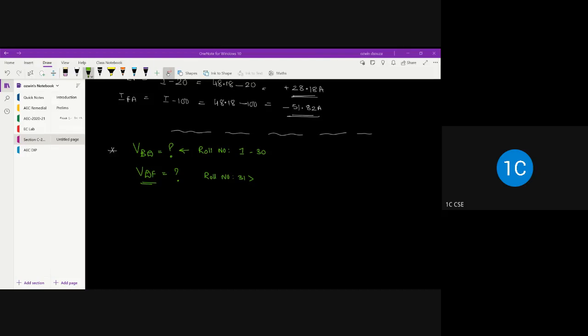Please try to solve it. I will also try to solve VDF, because from 30 onwards, not many students are there.